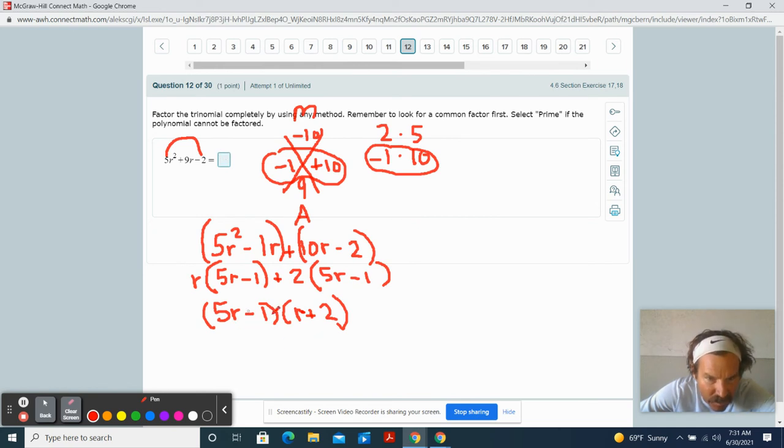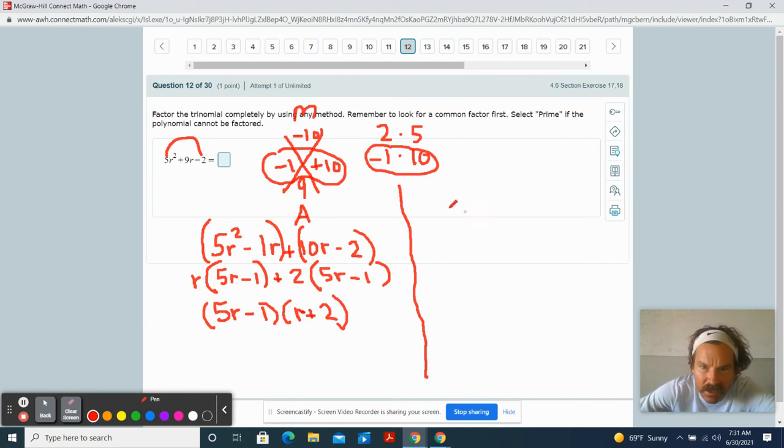If I did the box method here, I would be able to get this exact trinomial. Okay, so that's called the diamond method.